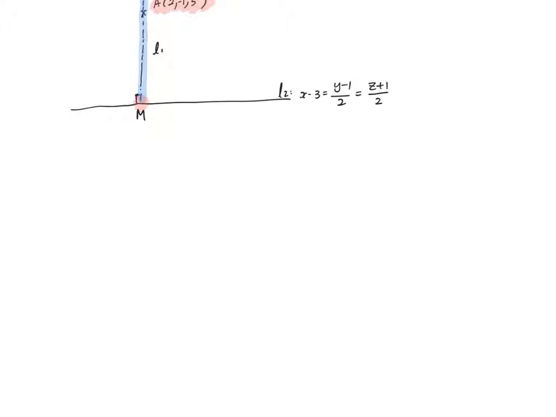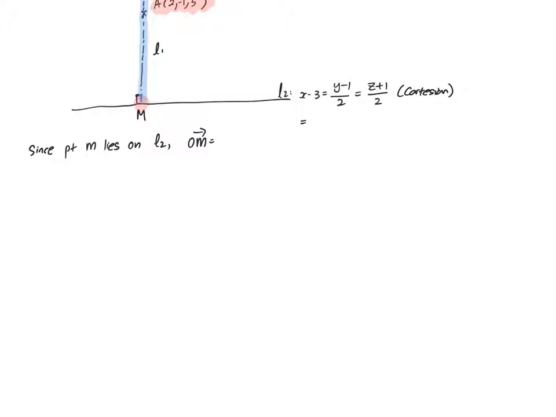Okay, so let me look at M. Since M, we know it lies on line 2, then the position vector OM can be represented in the form of the line. The problem is now this line is in Cartesian form.